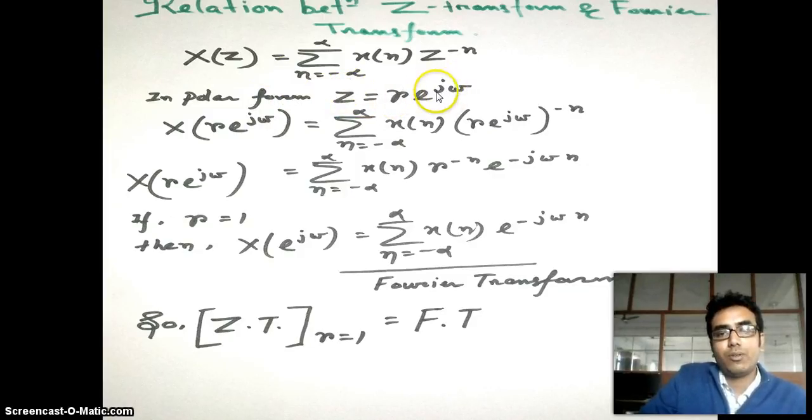So here is a complex part, complex frequency domain. Omega is the frequency part, and r is the radius of the complex z plane. So if you put z equal to r e to the power j omega, then it will become X(r e to the power j omega) equal to the sum of x[n] (r e to the power j omega) to the power minus n.